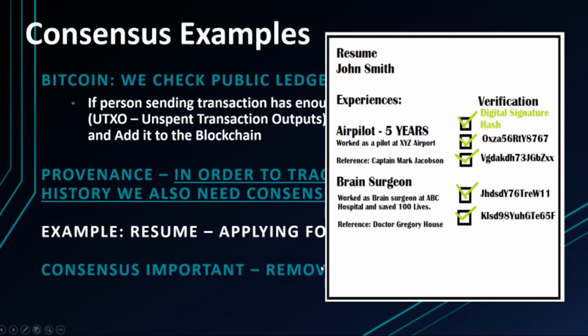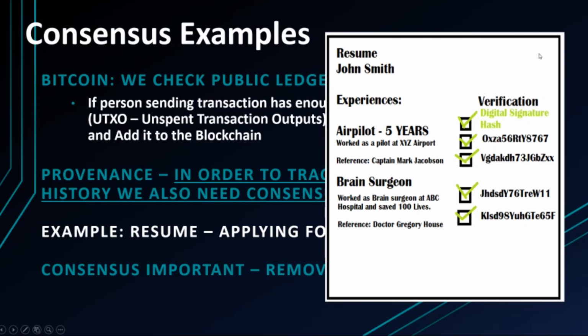With this resume, if it's linked to the blockchain, you have provenance and consensus all together, because consensus can be achieved with these verification digital signature hashes.